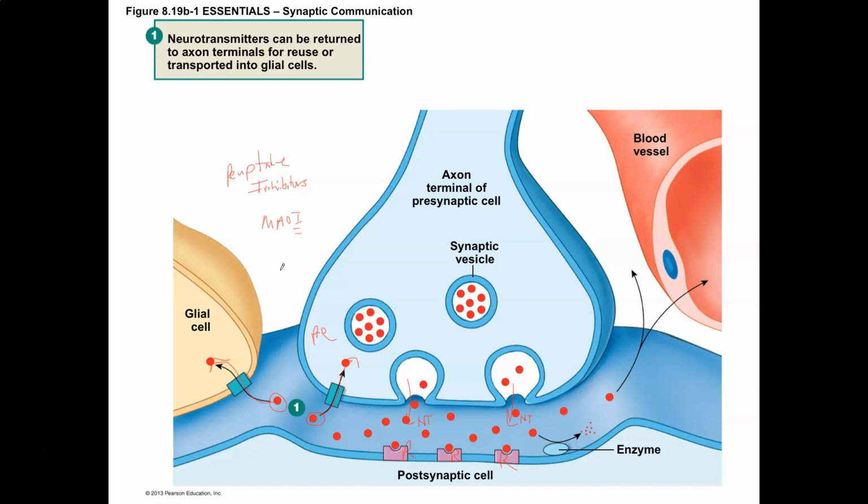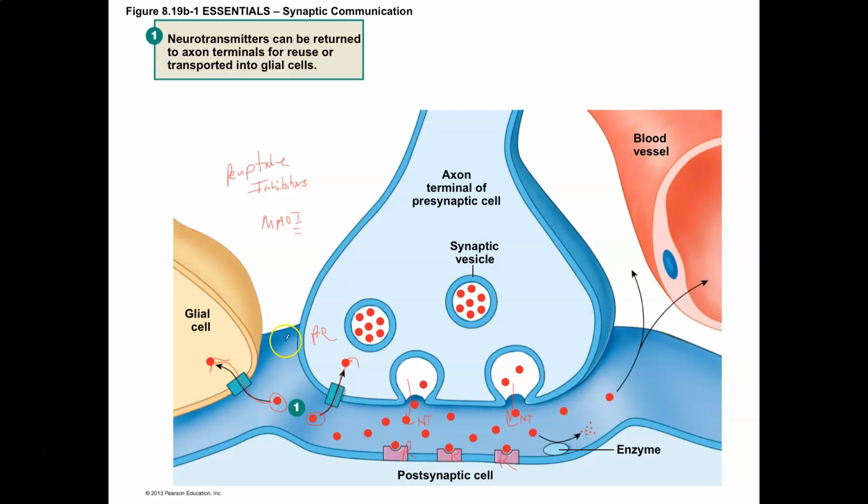So we actually use enzymes to degrade the neurotransmitters. But if you're not degrading the neurotransmitters or you're blocking the reuptake of the neurotransmitters, then you can increase the amount of neurotransmitter that remains in the synaptic cleft.